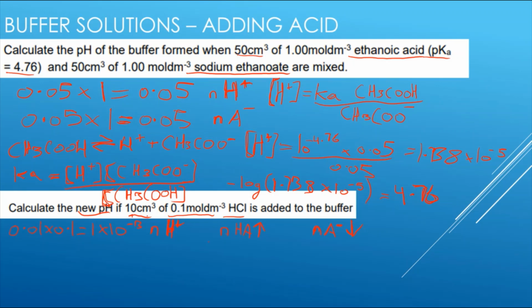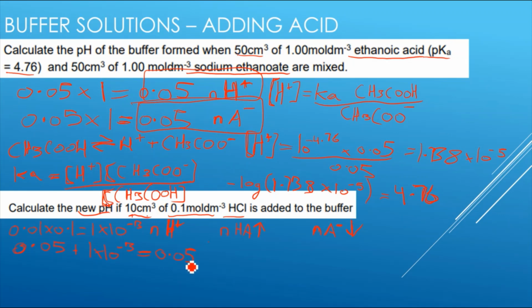So this needs to be taken into account. So I would get the moles of H+ that I originally had. I can see the H+ moles there, and I can see the A minus moles there. So I would do 0.05, the moles I originally had, plus 1 times 10 to the power of minus 3, and this would be the new moles of my acid.